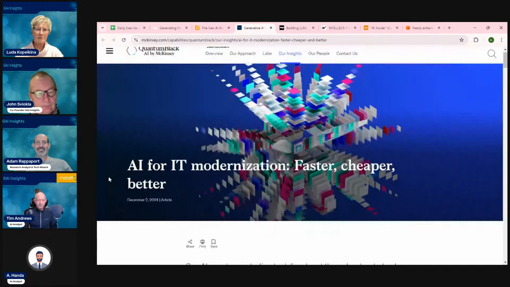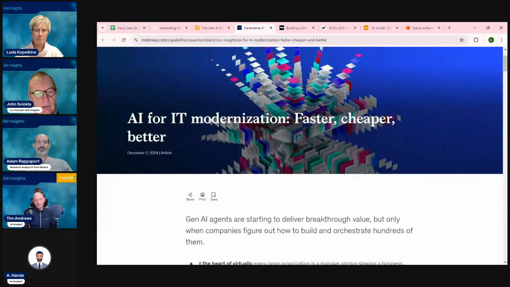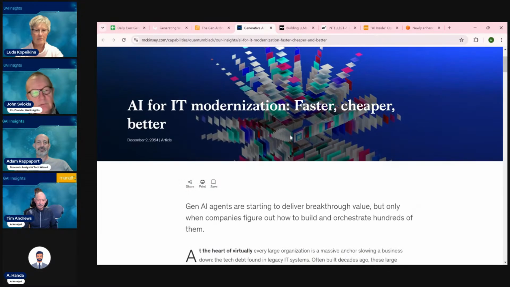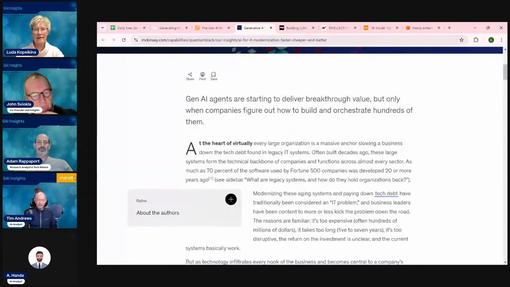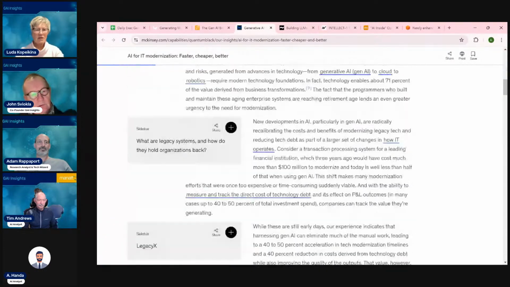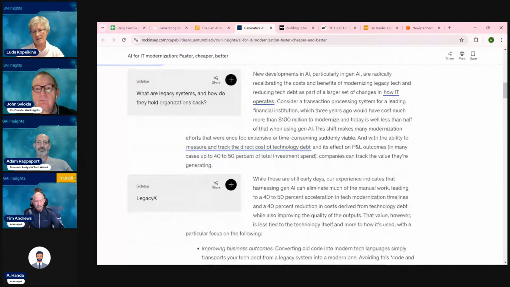Okay, the next one comes from QuantumBlack by McKinsey, and it talks about using AI for IT modernization. I gave it to myself. It is a very interesting article.